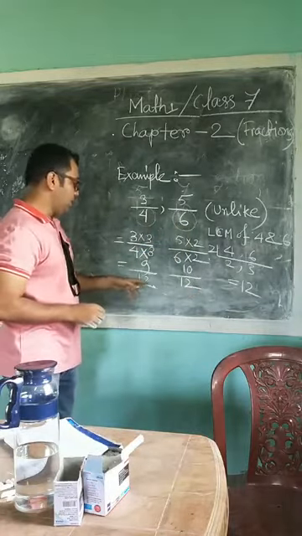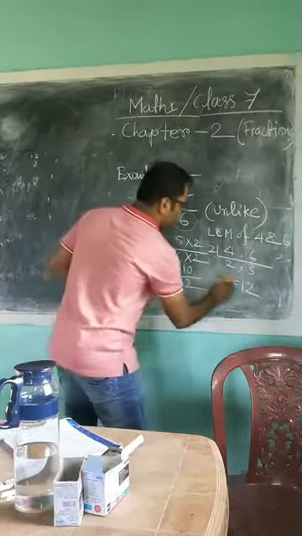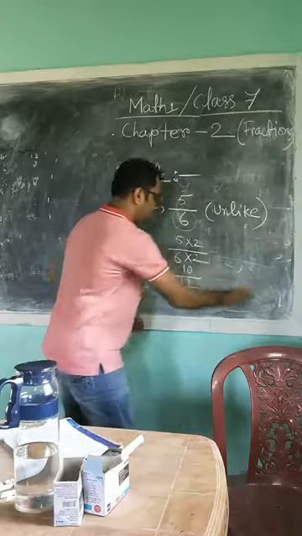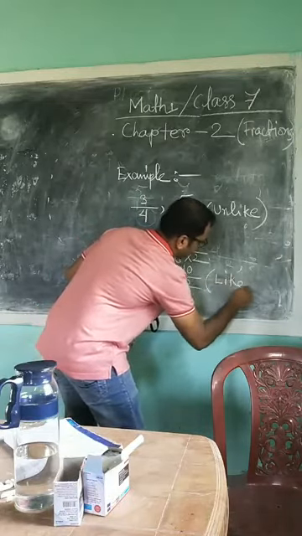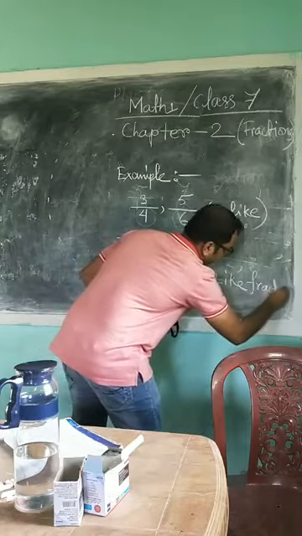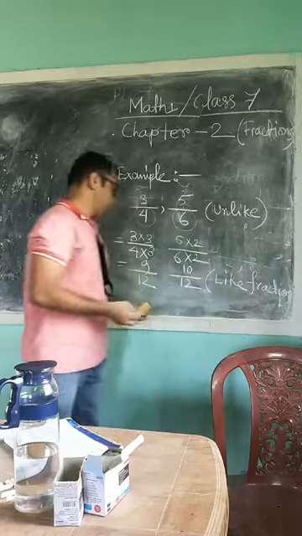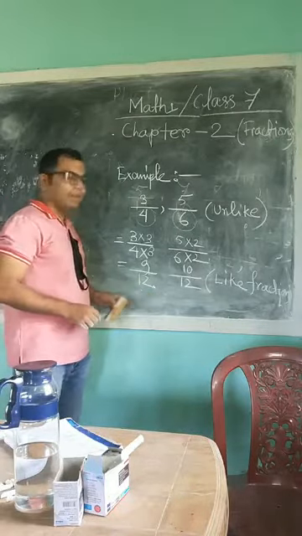Now you can see both of the denominators are 12, so we can say these are like fractions. And we can also compare which is the greater fraction between them.